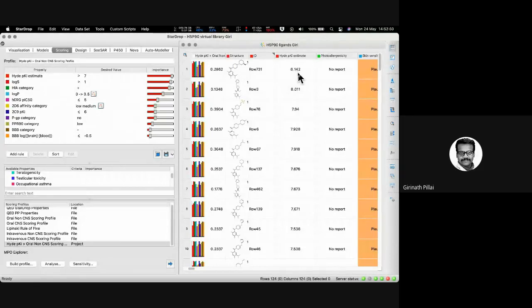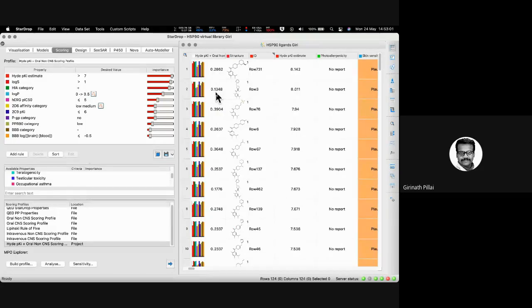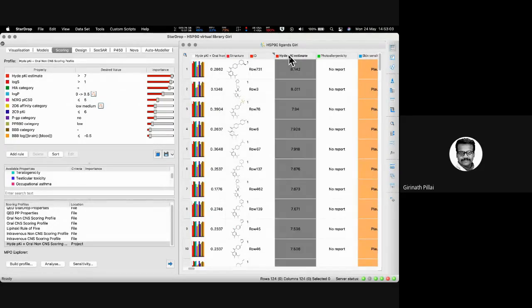Their score value, that is the probabilistic multi-parameter optimization score, is 0.828 and 0.13. So based upon biological activity, my best hit molecules are these two.